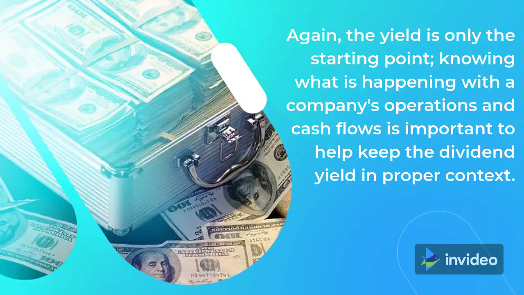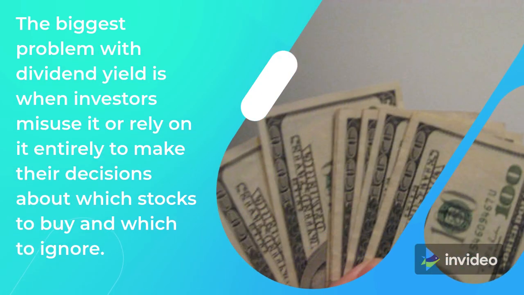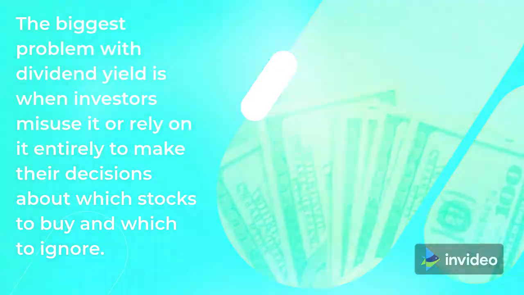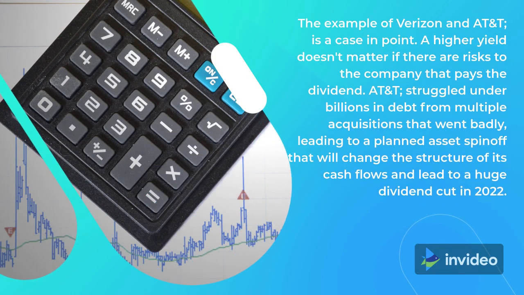The biggest problem with dividend yield is when investors misuse it or rely on it entirely to make their decisions about which stocks to buy and which to ignore. The example of Verizon and AT&T is a case in point. A higher yield doesn't matter if there are risks to the company that pays the dividend.